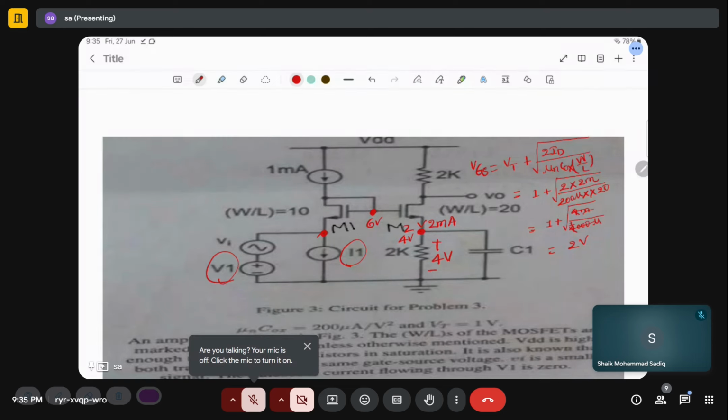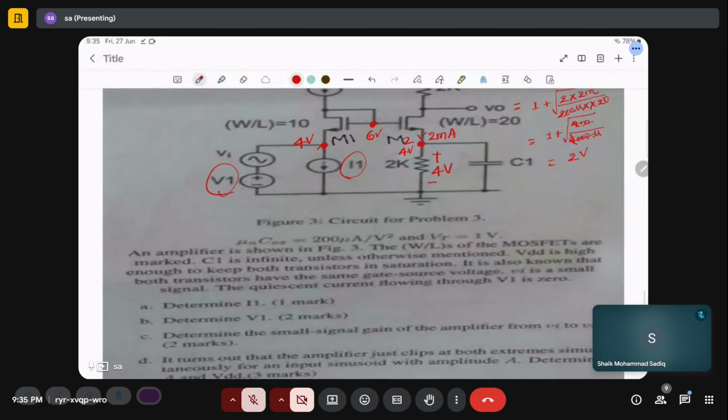Correct. VGS is equal to VG minus VS, so VG is equal to 2 plus 4, 6 volts. Same VGS, so the same current flows. So with the same VGS, the voltage is 4 volts.